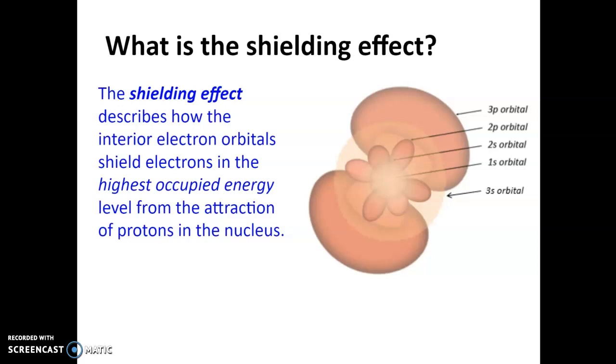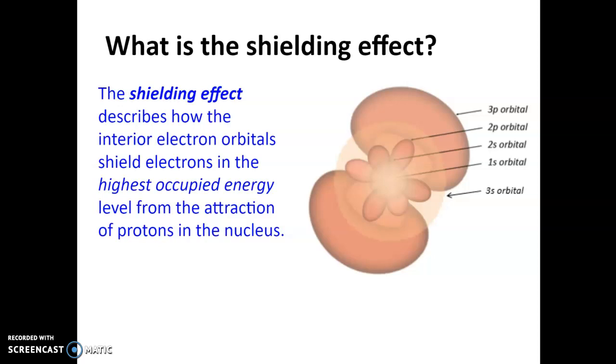So there's this phenomenon that we call the shielding effect. And the shielding effect describes how the interior electrons, so the inside electron orbitals, shield or protect the electrons in the highest occupied energy level from the attraction of protons in the nucleus.